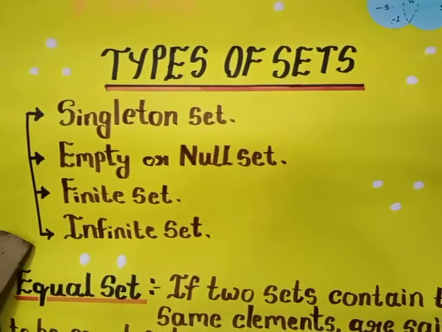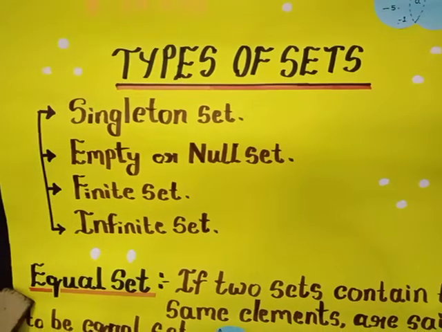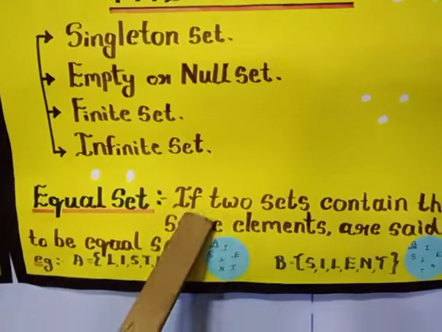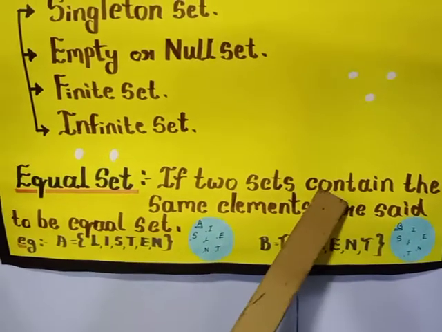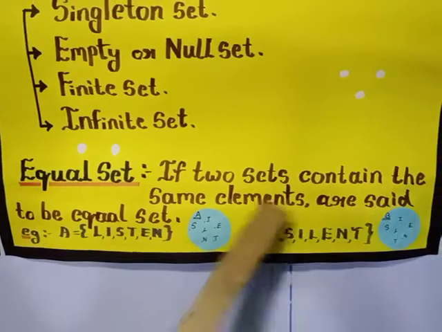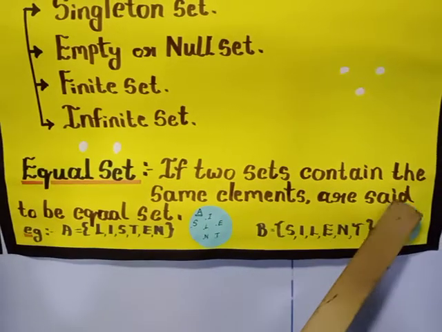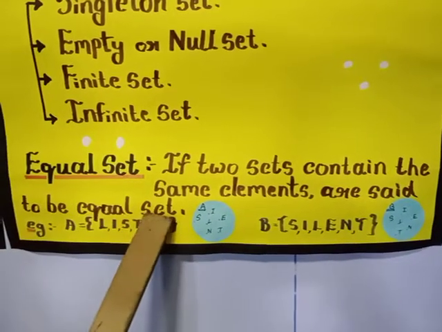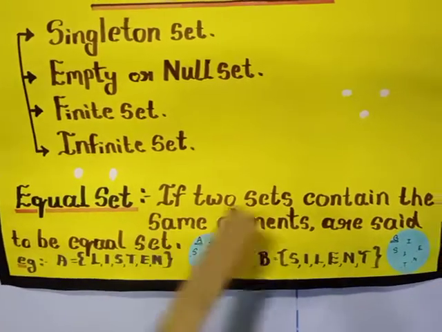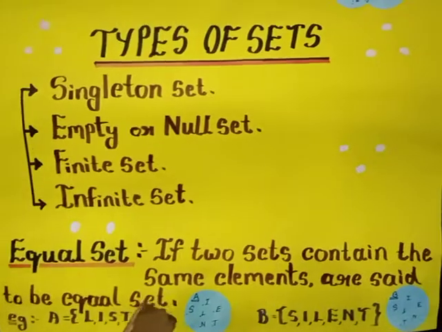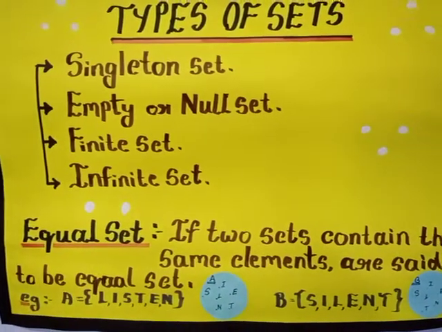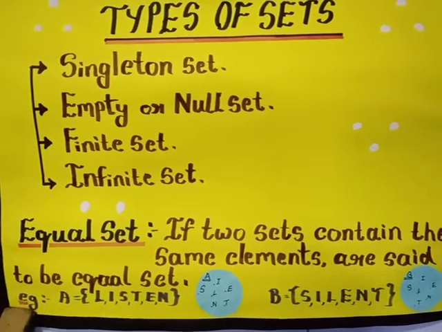Along with these four types of sets, we learned one more, the equal set. If two sets contain the same elements, they are said to be equal sets. It means if we have two sets, the elements of these two sets should be the same. The number of elements alone should not determine whether the given sets are equal or not. Take an example.